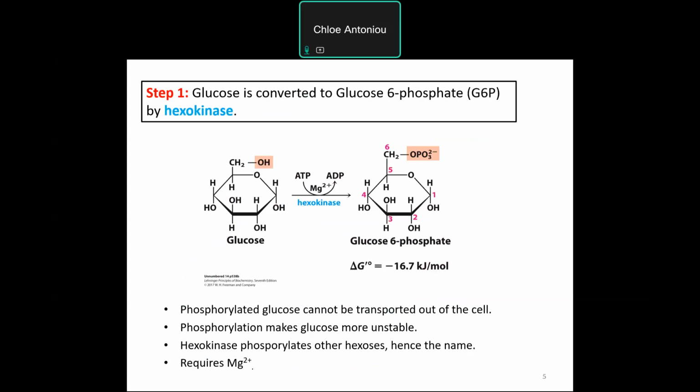So that's one of the advantages of this reaction going only in one direction: people say this makes glucose get trapped in the cell, so it can never go out again, okay? So this is a reaction I would like you to know, and I'll tell you a bit of the rationale behind this. But you need to know that the first step of glycolysis is catalyzed by an enzyme called hexokinase. It converts glucose to glucose 6-phosphate.